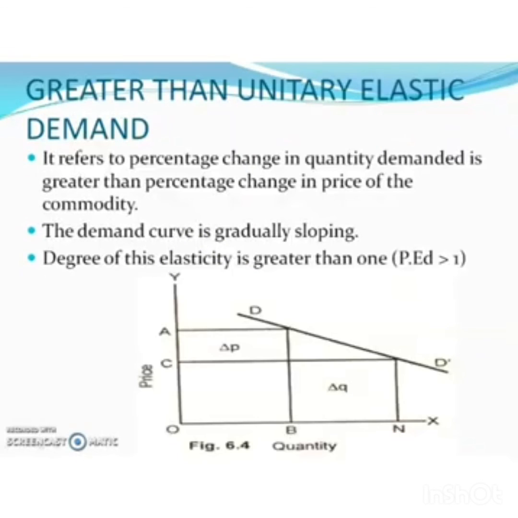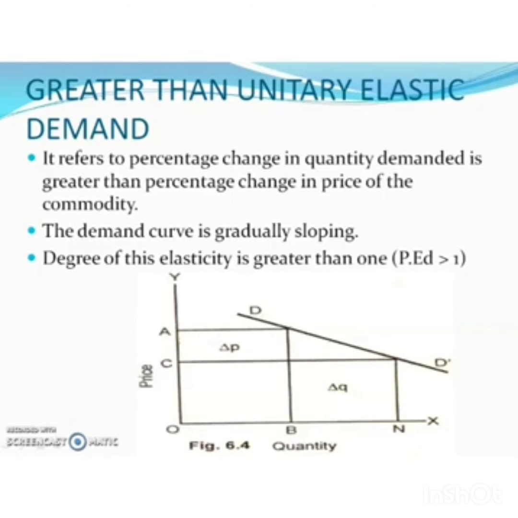Next is greater than unitary elastic demand, or elastic demand. In this case, the percentage change in quantity demanded is greater than the percentage change in price of the commodity. The demand curve is gradually sloping, more flat than other types of demand.